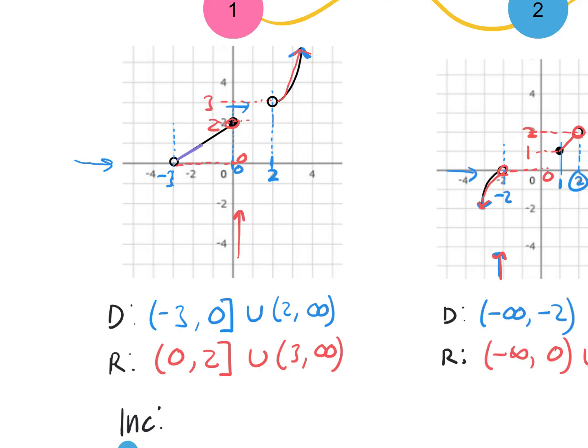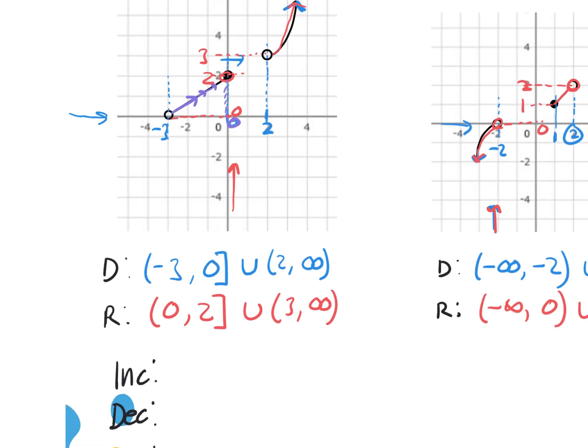So we are going up, and up, and we keep going up. Where do we stop going up? We stop going up at this value of x at 0. So we can say that we're increasing from -3 to 0, even though you see a closed circle right here. Once again, like we said in the previous slide, you never want to include the open circle.